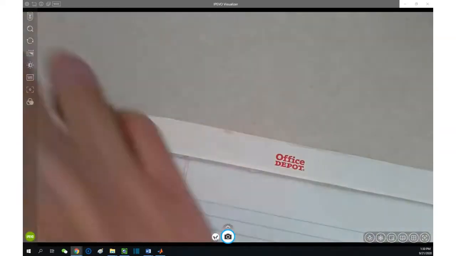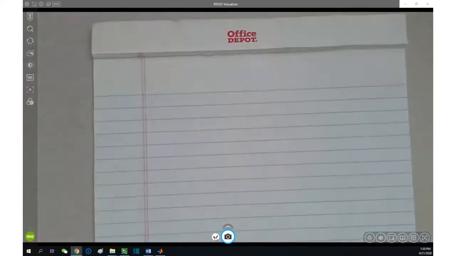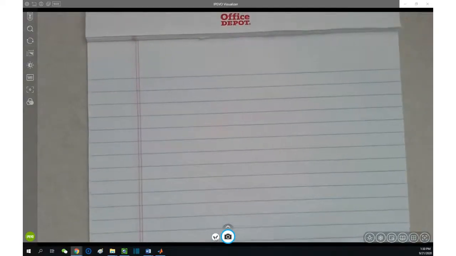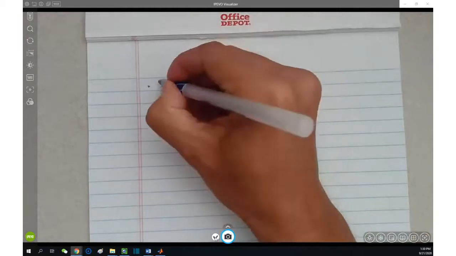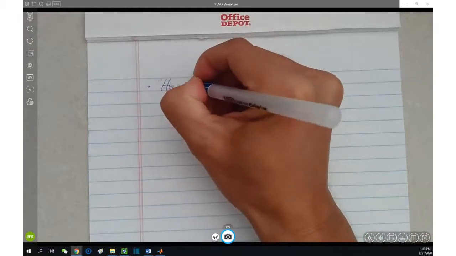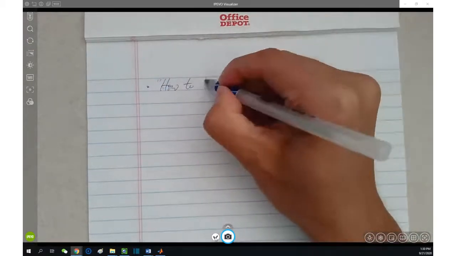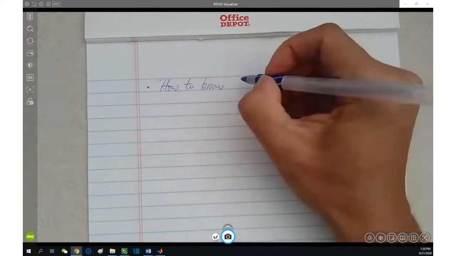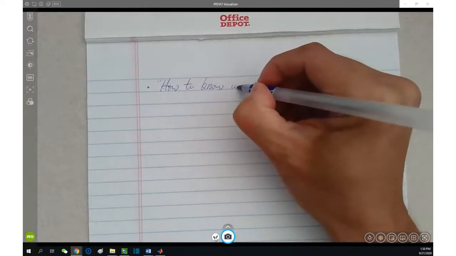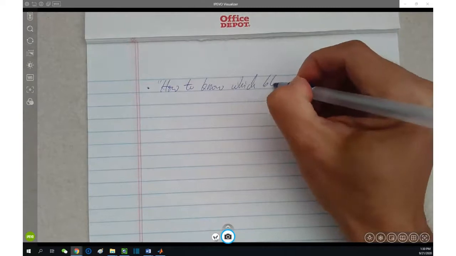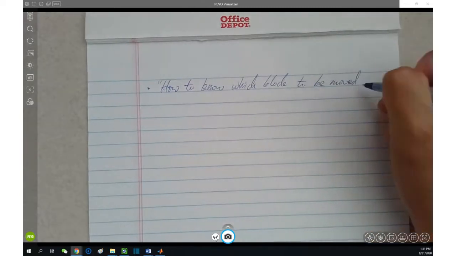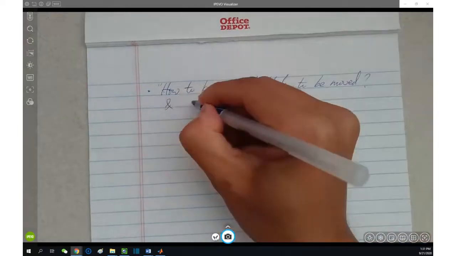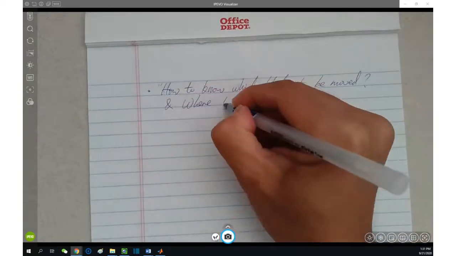All right, before we really conduct the examples, let me emphasize one last thing here. Basically, in your heart, you need to understand how to know which block to be moved and where to move.